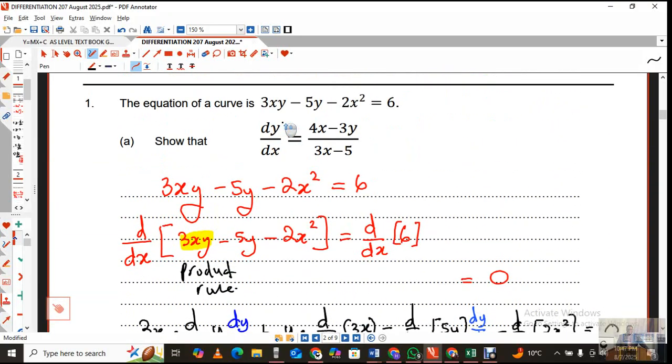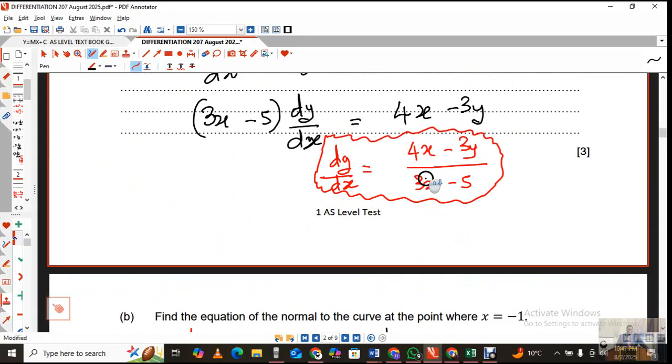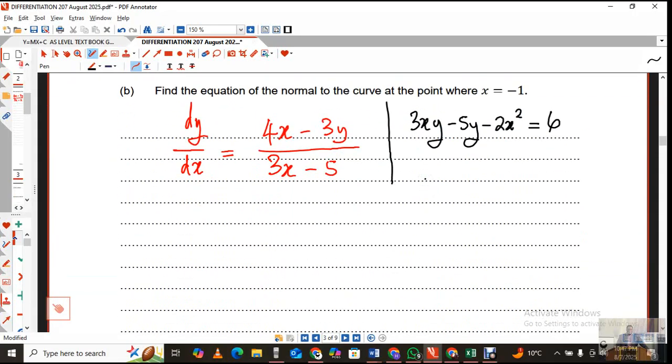Okay, the implicit function. Right, now they're saying find the equation of the normal to the curve, and they're giving you the value of x equals -1. Now the reason why I brought down the original equation is because we need to find the corresponding coordinate of y.